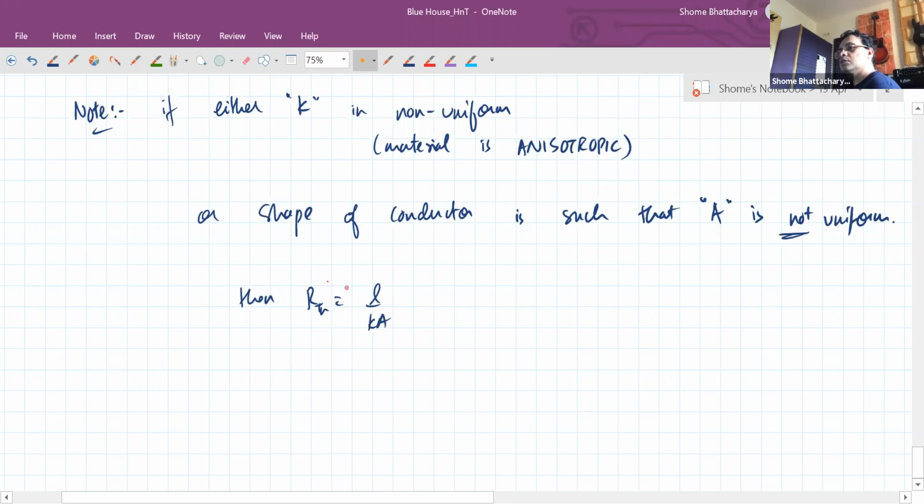In that case, integration has to be used.